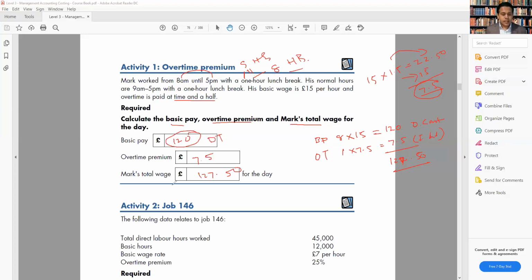Maybe your total will be the same, 127.50, but you have to split the overtime and the basic pay because basic pay is a direct cost, but overtime is an indirect cost. Both will go to different places, so you have to know the difference. So for the 1 extra hour he is working, he's not getting 22.50 as overtime. He is getting only 7.5 as overtime. Overtime means extra payment on top of your basic pay, because he's getting 15 anyway, isn't it?